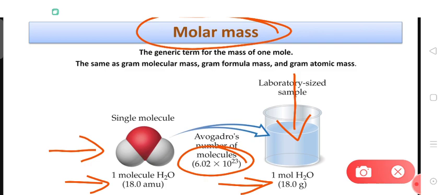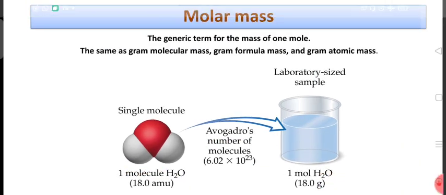For any substance, molar mass and molecular mass are both numerically equal. However, they are very much different things. They have different units. Molecular mass has the unit AMU, that is atomic mass unit, while molar mass has the unit grams. So whenever we express the molecular mass of any substance in grams, it becomes the molar mass.